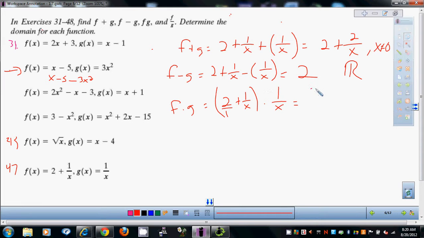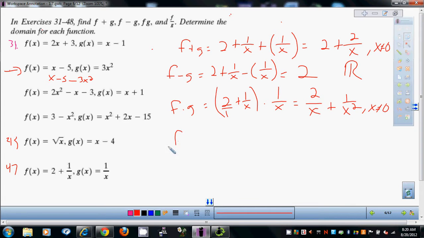So 2 times 1 over 1 times x. 2 times 1, 1 times 1 over x times x. And that's it. You literally take this piece and multiply the top and bottom of both of them individually. What are my restrictions? X cannot be 0, because that would give us 0 in the denominator.